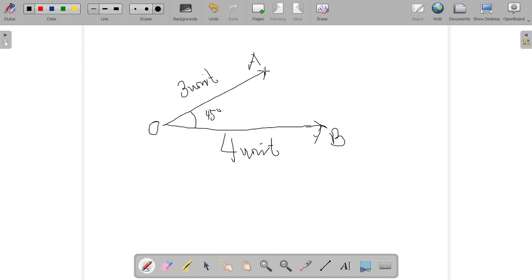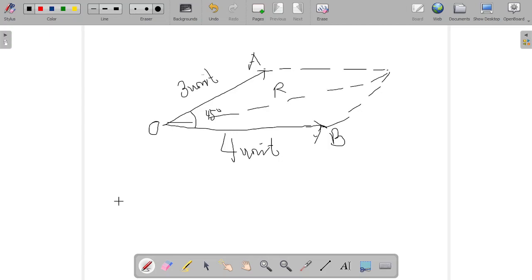So let's assume this is like this. Then this is definitely the resultant vector. What we need to do is to get the magnitude of this line. Then just the direction remains. Let's do that now.